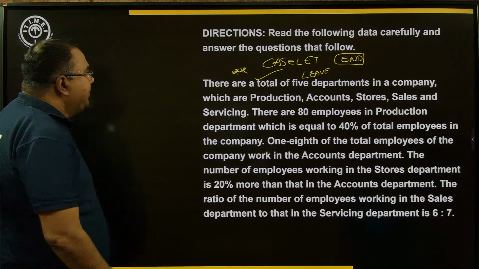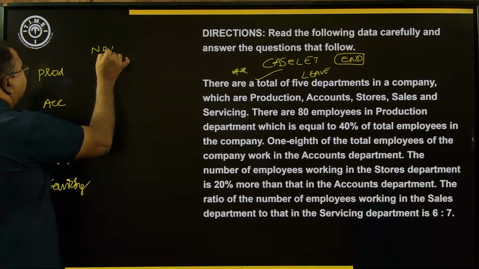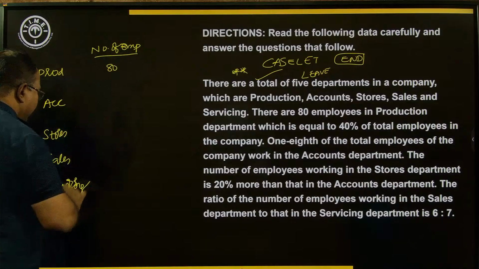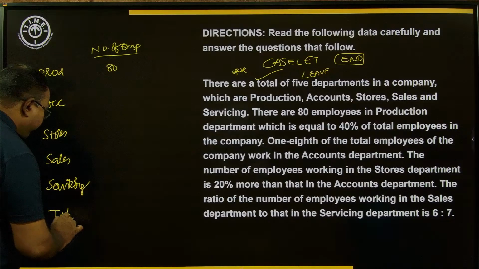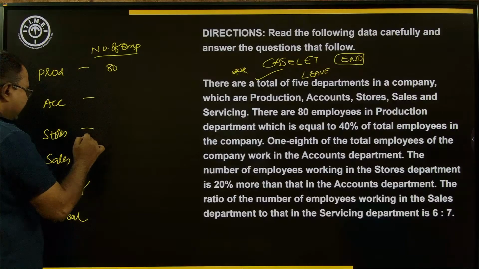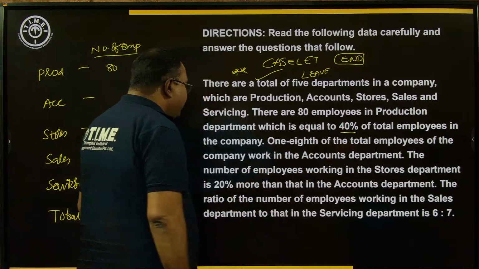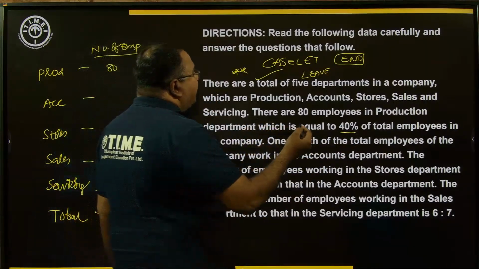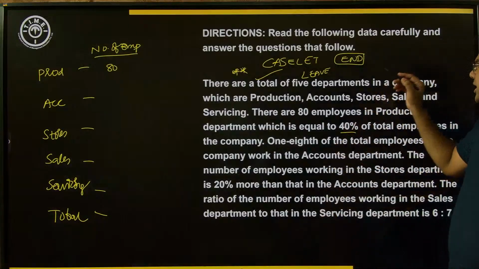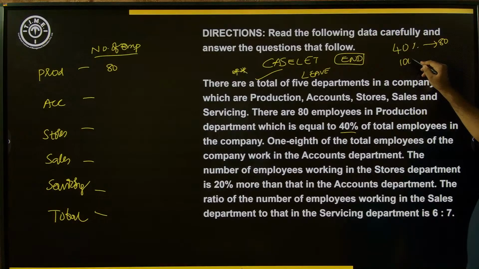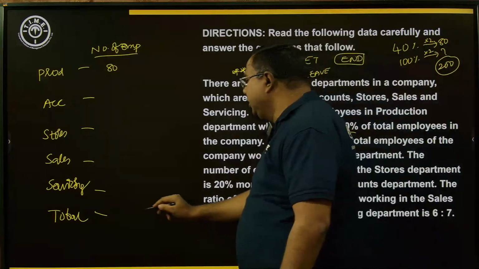There are 80 employees in production, which is equal to 40% of total employees of the company. 40% is 80. 100% is 40 into 2, 80, so 100 into 2, simply 200. So my total employees have to be 200.